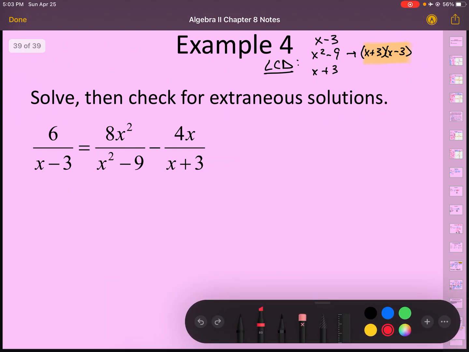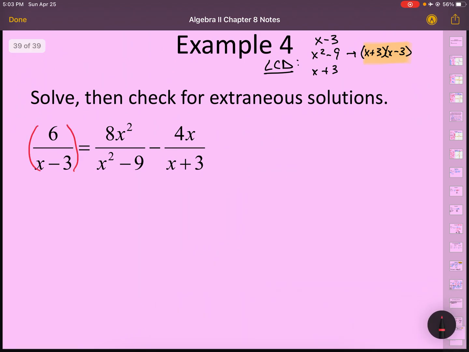So I'm going to multiply the left-hand side by x plus 3, x minus 3 all over 1, and also the right-hand side, x plus 3, x minus 3 all over 1.